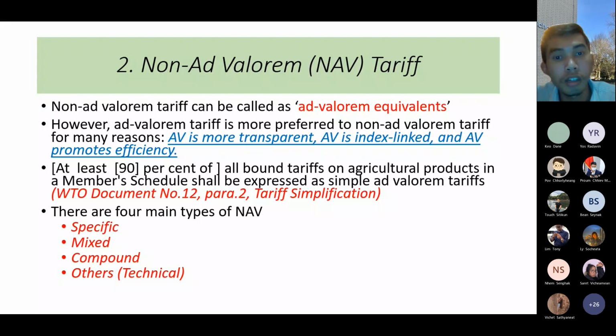First, ad valorem tariff is transparent because it is very simple. When you want to know the actual value of the tariff, just check the percentage of the tariff and then look at the price of the good. If it is 5% of a 100 US dollar good, the value of the 5% must be 5 US dollars.